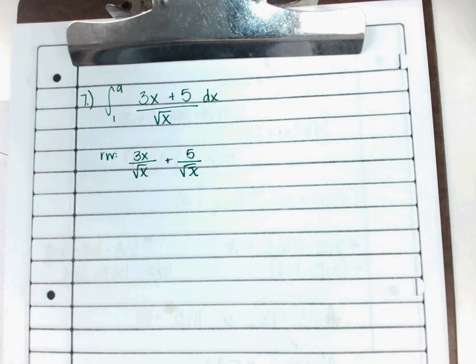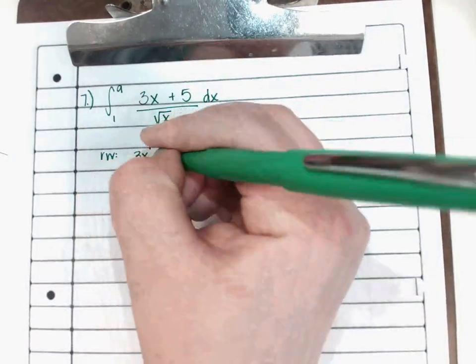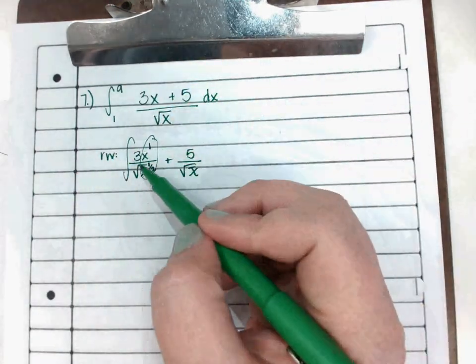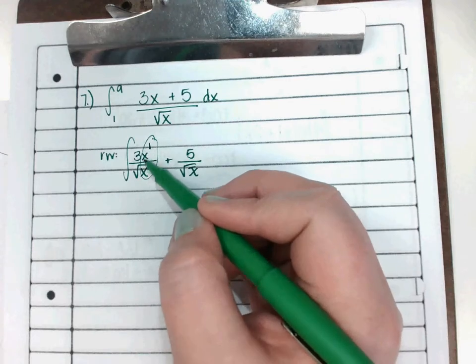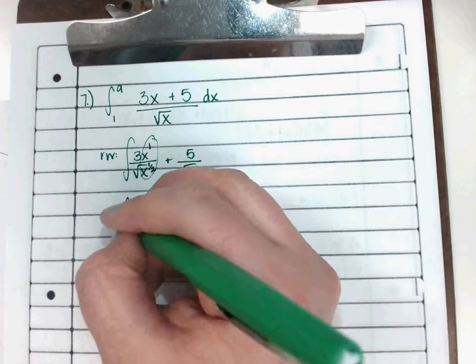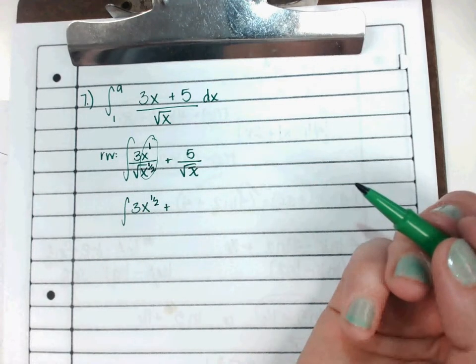And then, what do you do if you have x to the 1 on top and x to the 1/2 on the bottom? What do you do with their exponents? Subtract. So, what is a full x to the 1 take away a half x? 3x to the half. Now, look at your second term.